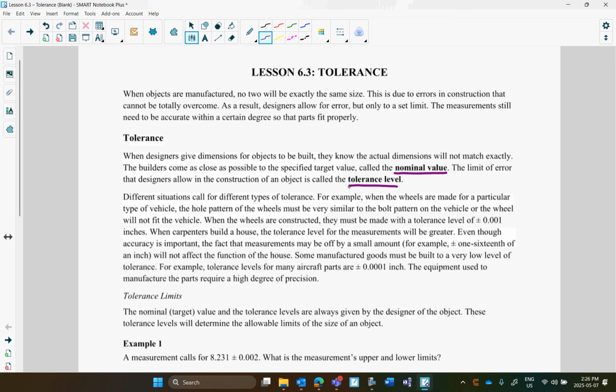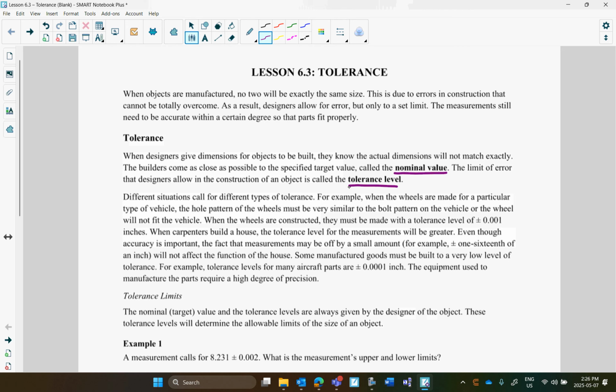So here's an example, wheels are constructed, they must be made with a tolerance level of plus or minus 0.001 or 1/1000 of an inch, okay? That's pretty specific. And then you can see we've got another example of carpenters building a house. We've got ones where the tolerance levels need to be quite tight.